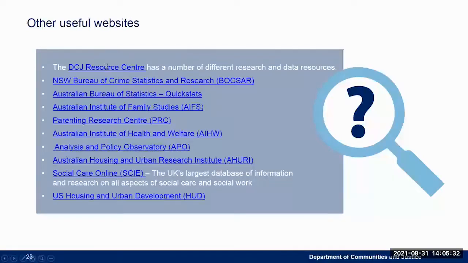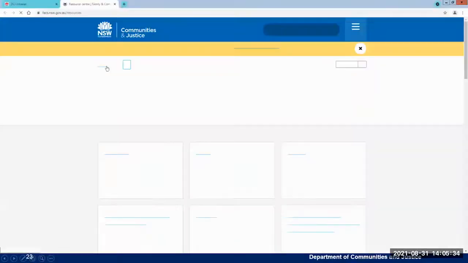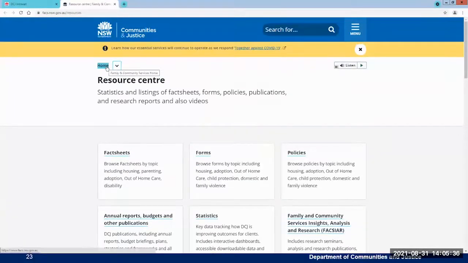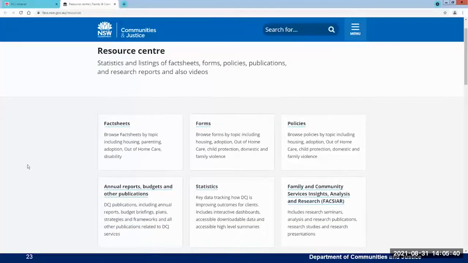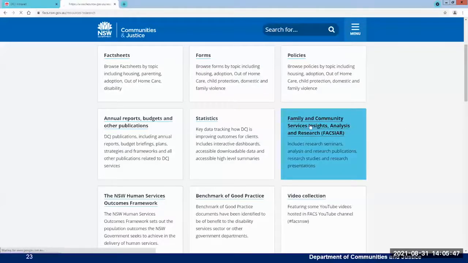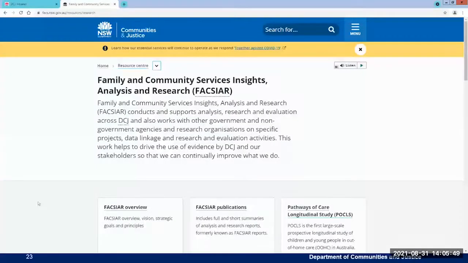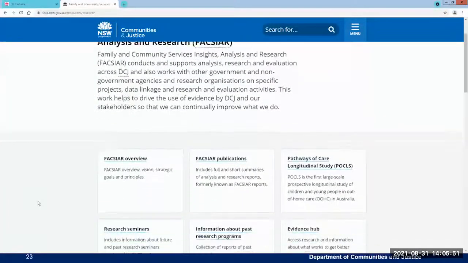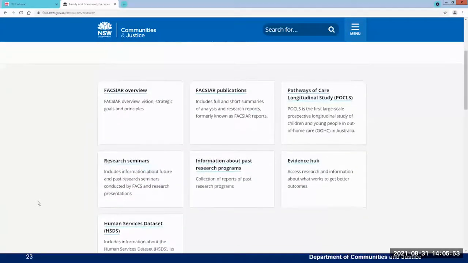Now, before we move on, I did want to quickly show you our resource centre, where you can find a lot of information, including statistics, and they're publicly accessible. As you can see, here's our Family and Community Services Insights, Analysis and Research pages. We've got publications, we've got the Pathways of Care longitudinal study resources, our evidence hub, and that's where these resources, the how-to evidence guides, are located.